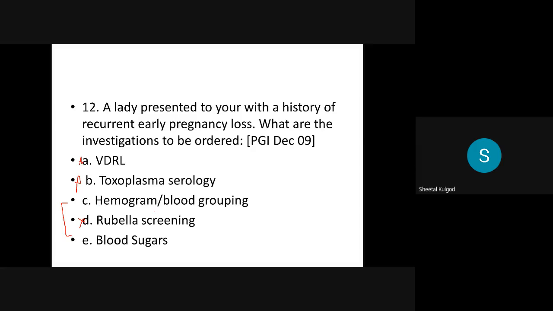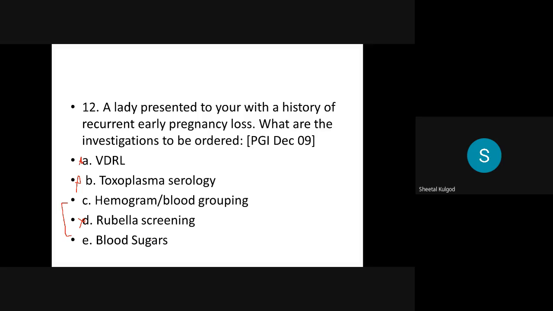It could be hemogram blood grouping or blood sugars, right? Between these two, which do you think is more appropriate for evaluating a recurrent pregnancy loss? Hemogram blood grouping, that is correct. Blood sugars are not really necessary if the patient is not giving any history or there is no documented evidence of diabetes.